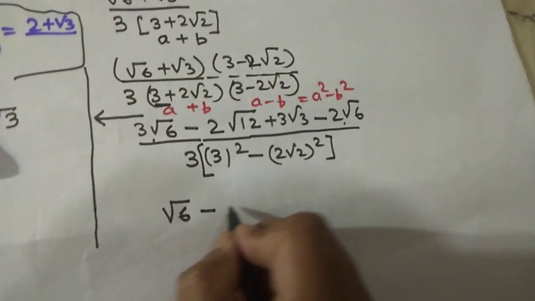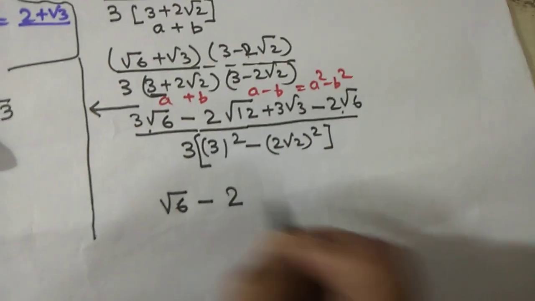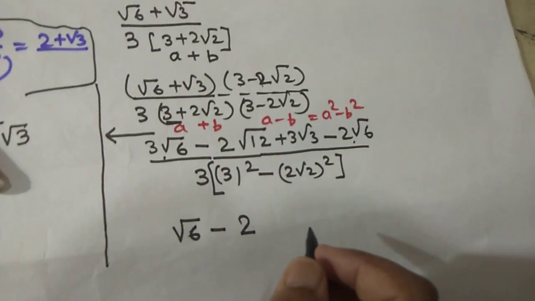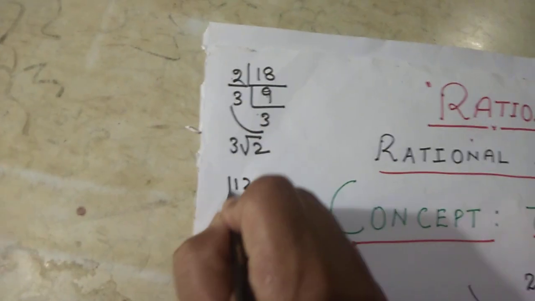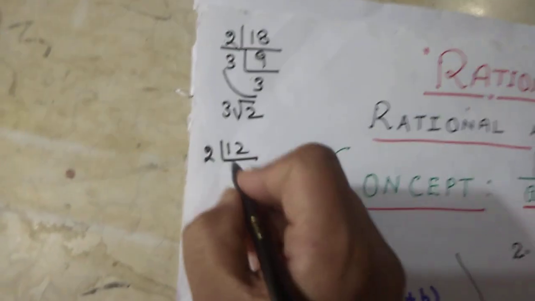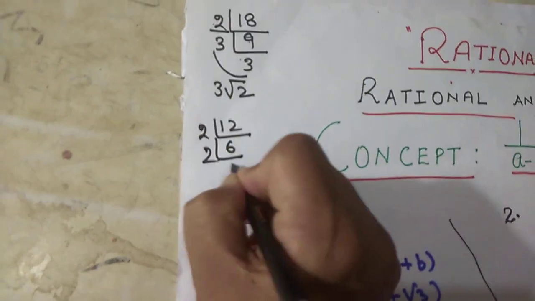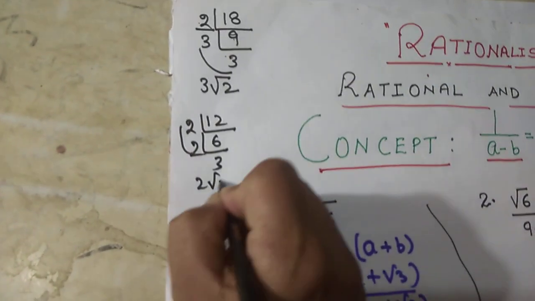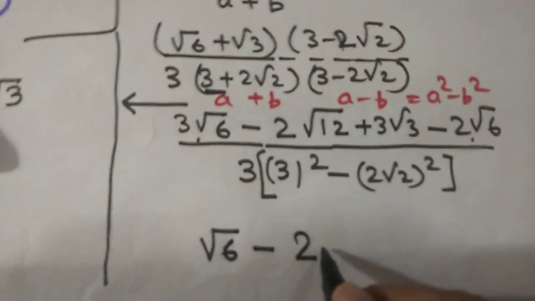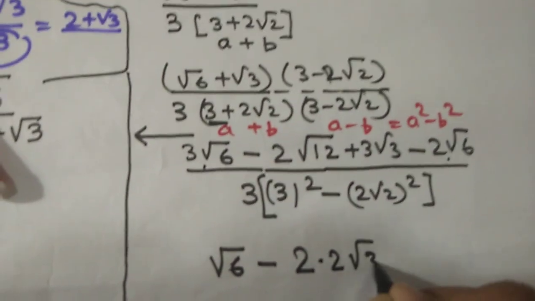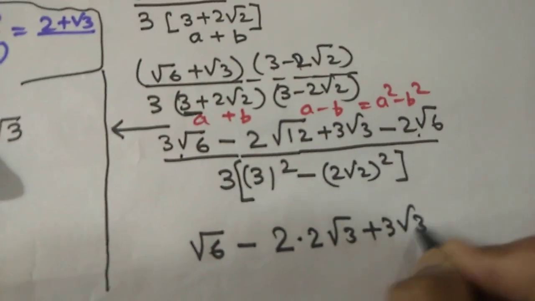Minus 2 root 12. What is the value of root 12? Check here, 12, this is the method of factorization: 6, 2, 3, so 2 root 3. So this is multiplied by 2 root 3, plus 3 root 3.